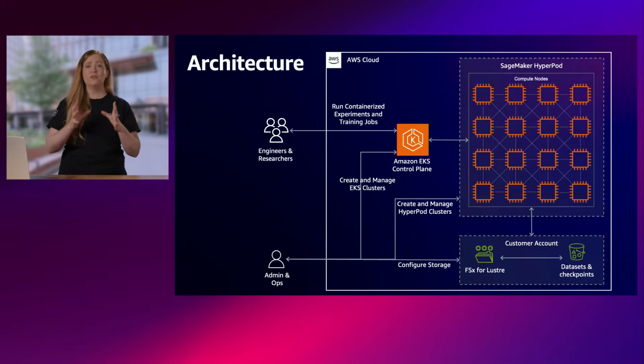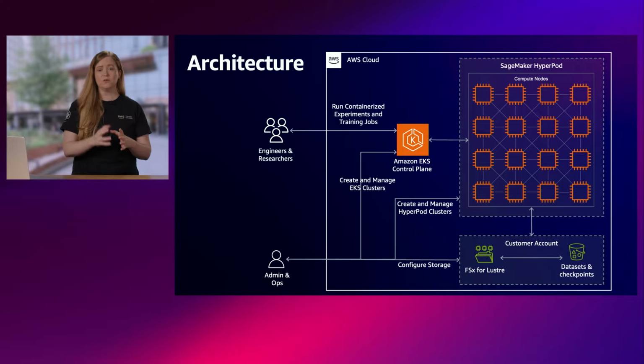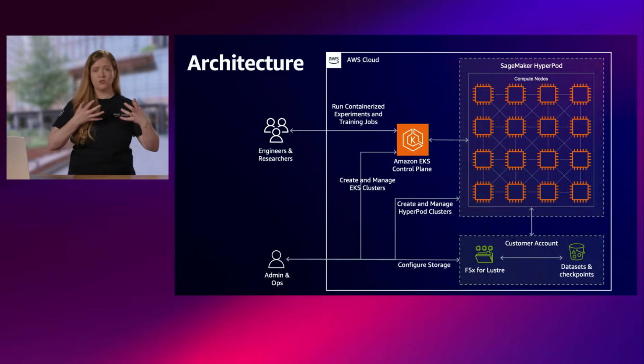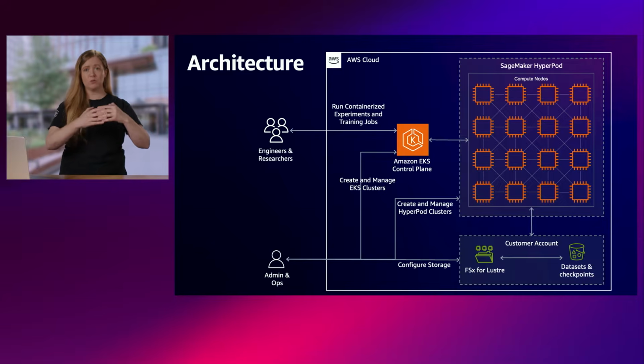We have a fully built workshop that you can use to step through and understand how to use Amazon EKS and the kubectl to create and provision jobs, which are then launched on the SageMaker HyperPod clusters and content. And so this is the scope of the demo that you're going to learn about right now.